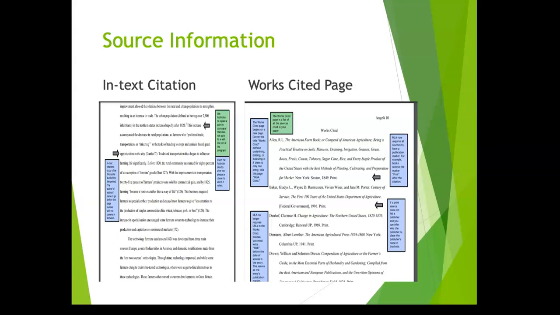Now, all of that recorded information about the particular source that you found or are using in your paper will now be transferred over to your works cited page. This is an example of MLA in-text citing and works cited page. However, this is true for any style format that you use. For example, with APA, you'll still include some sort of in-text citation, and APA has a reference page where you have to list all of the sources that you use within your paper.